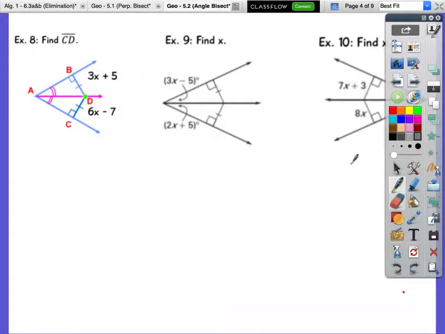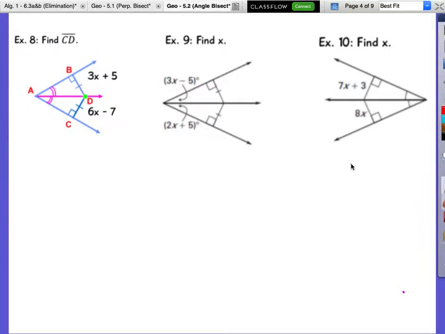So on example 8, let's find the measure of CD. We know that angle BAC is bisected, right? Is bisected by ray AD. And is point D on the angle bisector? Yes.